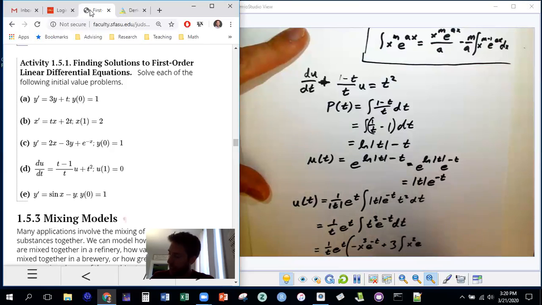Oh man, I switched to x's. That's the problem with the placeholders, guys. Everywhere you see an x is supposed to be a t, because it's x's in my integration table and t's in my problem. Please forgive me for these ugly t's.